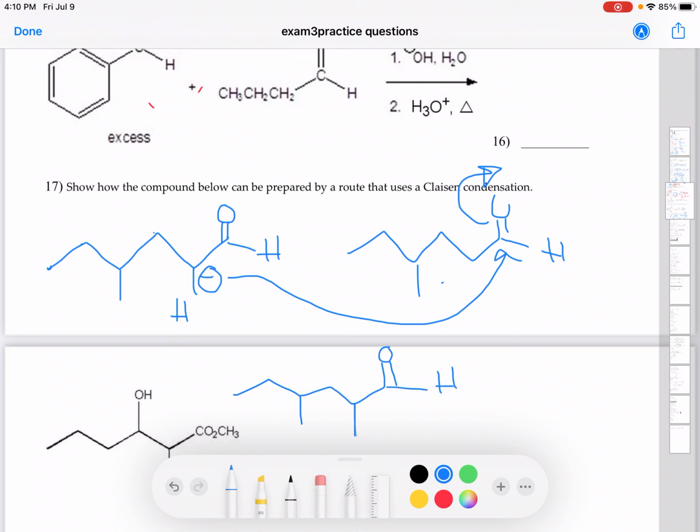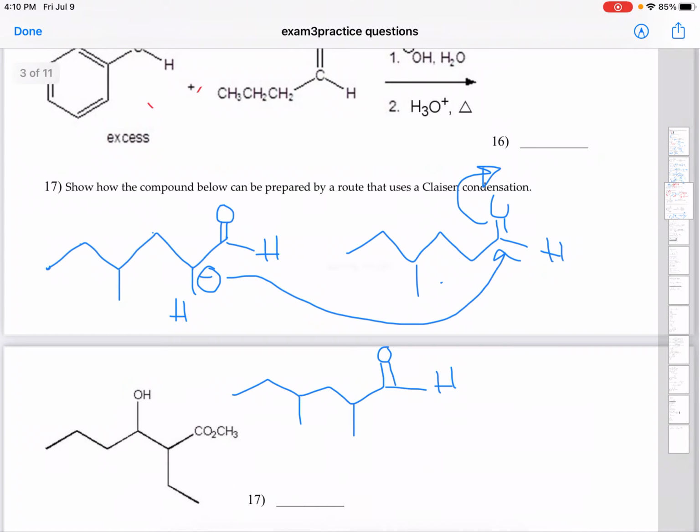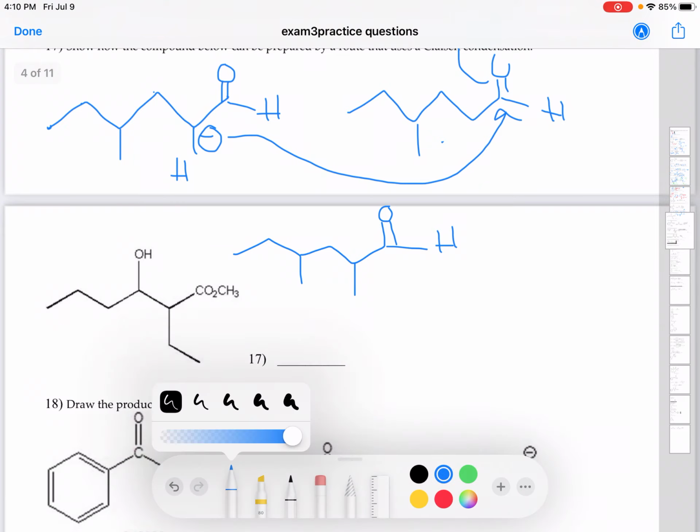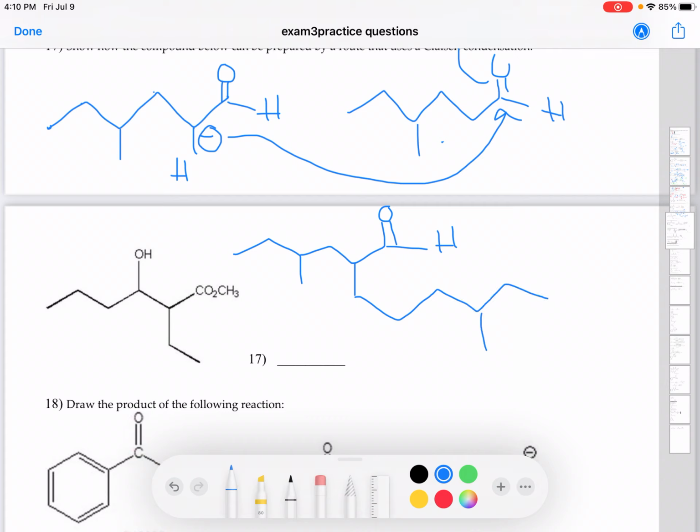This carbon, you have the other group. If you feel like you are losing count of the carbons, you can start numbering them.